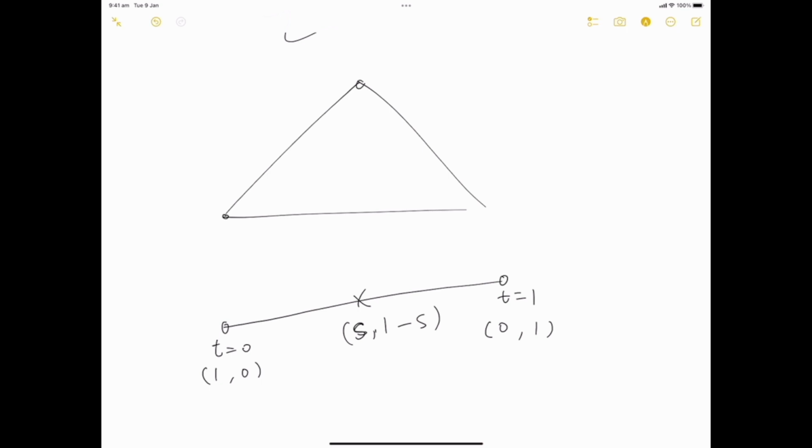Now, the concept of barycentric coordinates is pretty similar. We have three corners, and this first corner corresponds to a first coordinate being 1. The second corner corresponds to the second coordinate being 1, and the third corner corresponds in the coordinate system to having the third coordinate at 1.